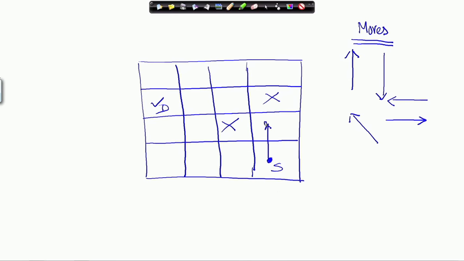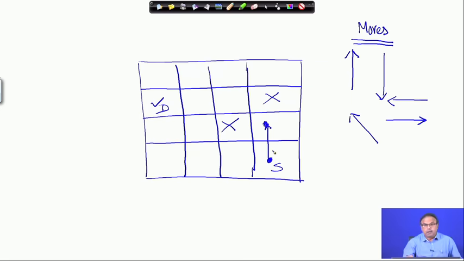Now, I am here. At this point, what are the moves that are applicable? Right move cannot be given, sorry, left move cannot be applied, this is out of question. Up move cannot be done, down move I can do, you see, I can come back, and diagonal move is possible.